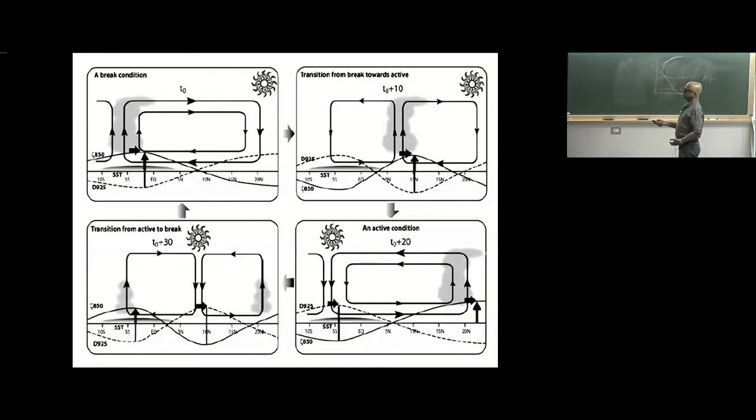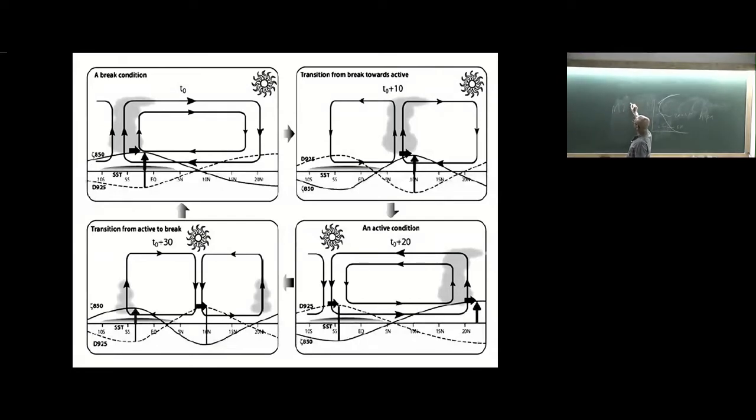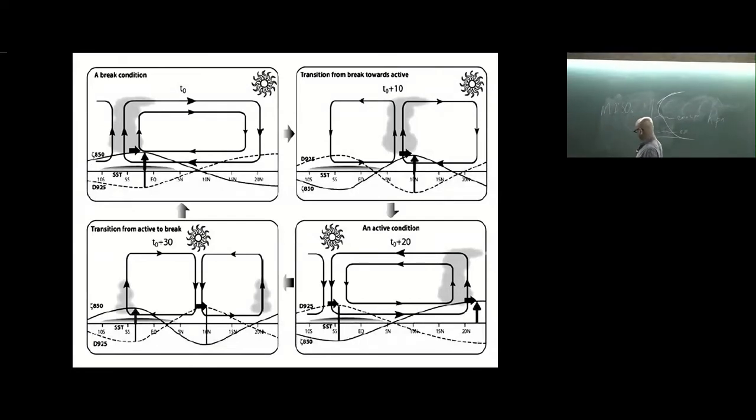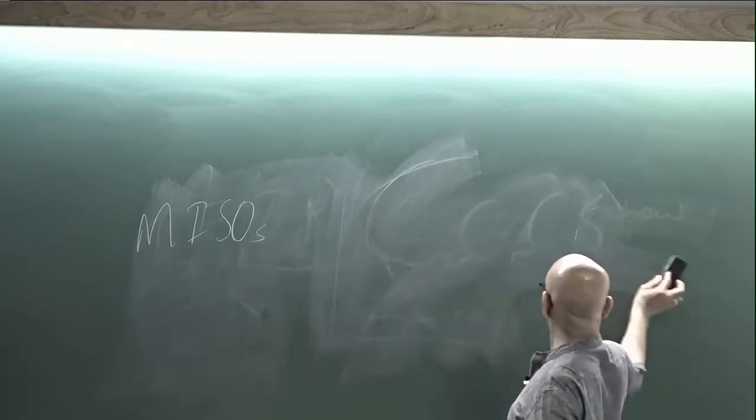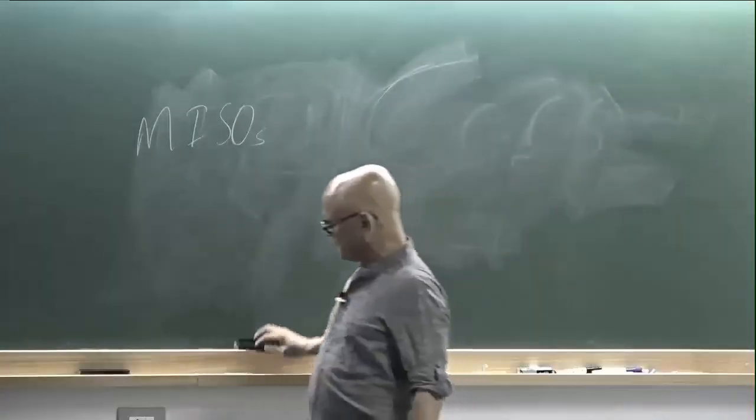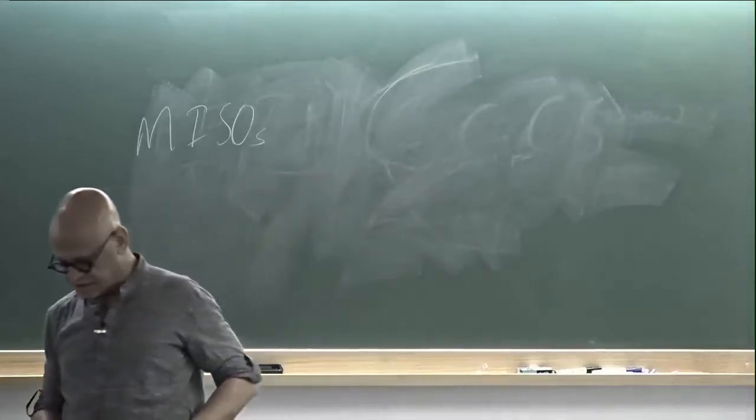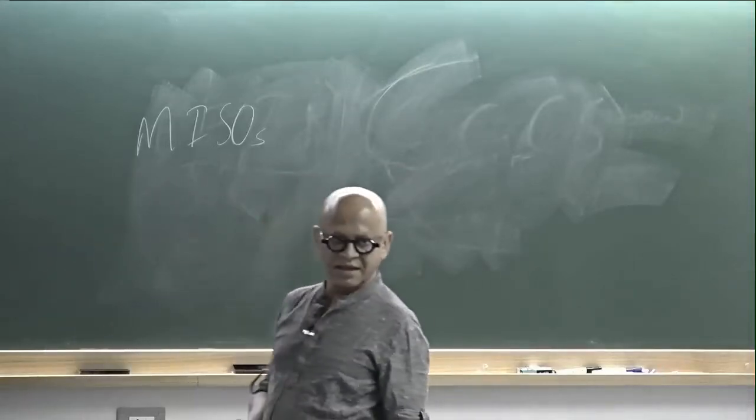The system is moving from the equator northward, okay? Those are also referred to as MISOs, or monsoon intraseasonal oscillations. Sounds like a Japanese soup, but it is an Indian soup, okay? So those are the multiple time scales that are involved.